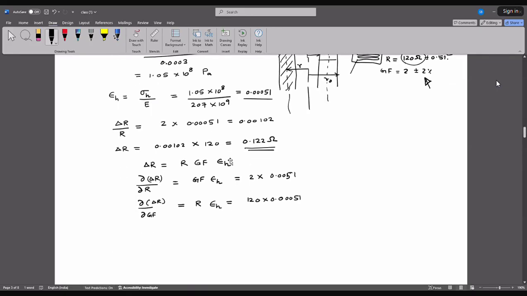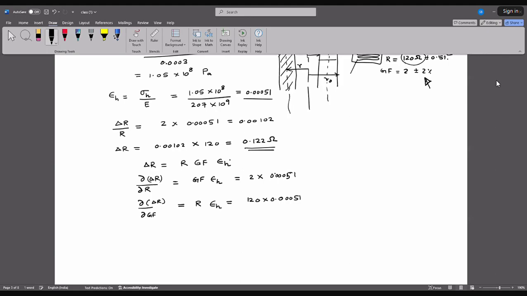Also, sir, in the top also, it will be 0.00051. Yeah, that value on top, we also have to change. Which one? Sorry. Delta R over delta R. So hoop strain is 0.00051. Sorry. Yeah, there should be one more zero.